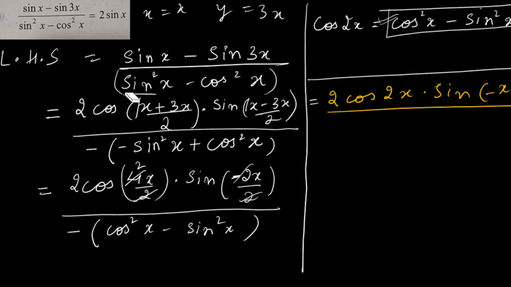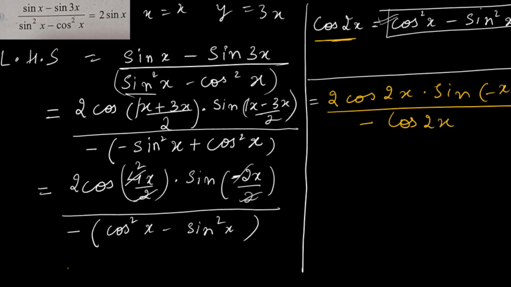From the given expression I've taken minus out, so the sign will become negative, cos will become positive. So basically it will become cos square x minus sine square x. What is cos square x minus sine square x equal to? It is cos 2x. One minus sign I already have, so minus cos 2x.